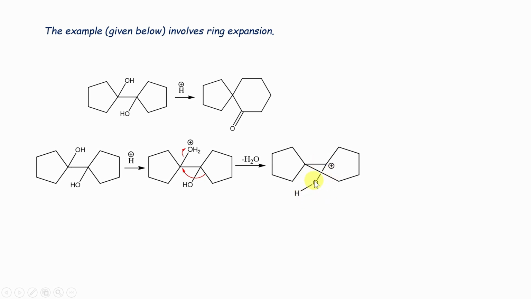From this rearranged carbocation, a proton is eliminated, as we have already discussed, forming the corresponding pinacolone, the end product. You can see ring expansion takes place. The 5-membered ring becomes 6-membered in the product. And so we can say the cyclic pinacol may undergo ring expansion by the pinacol rearrangement.